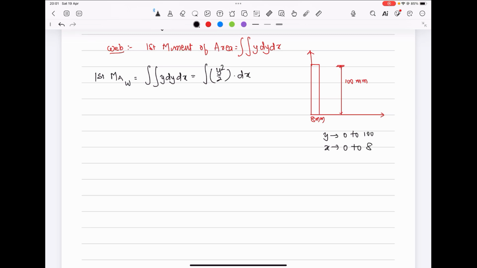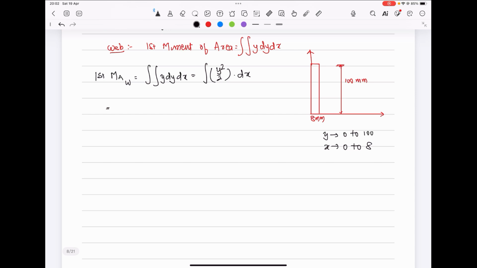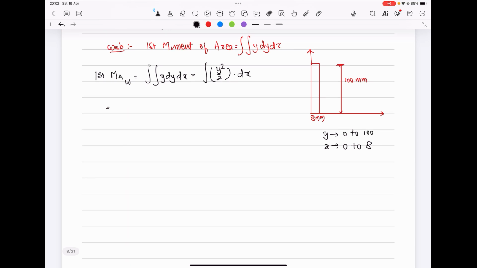Now, this will be equal to integral x from 0 to 8, y square from 0 to 100. That means (100 square minus 0 square) by 2 dx.